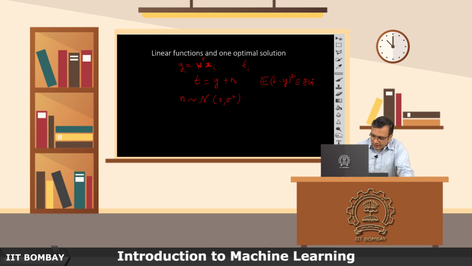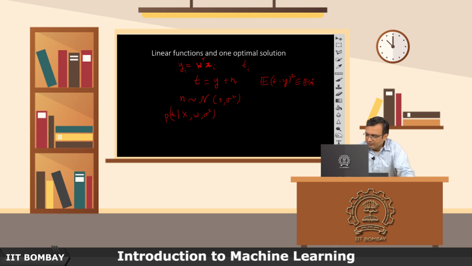So now let's look at the probability distribution of t given X, some weights w and this sigma squared. Let's unpack this expression a bit. What is the probability value of t?